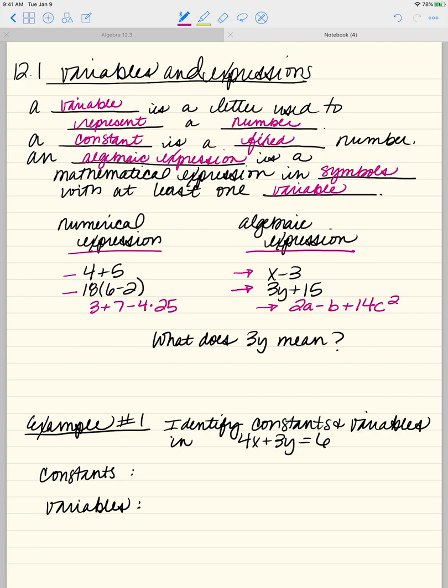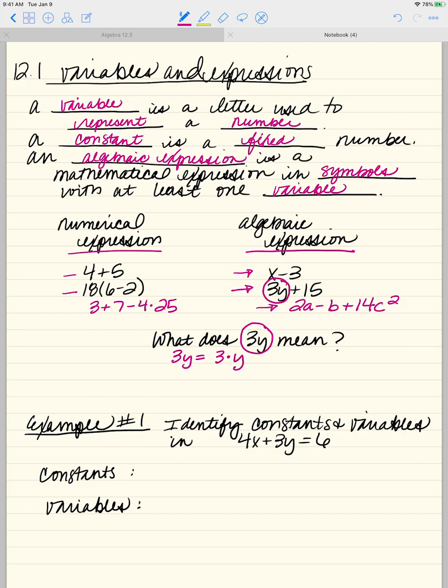All right. What does it mean when I have 3 bumped right up next to that y variable? What does that mean? When you have a numerical constant hugged up right next to a variable and there's no symbols in between, that means we multiply, okay? We multiply. So 3y is equal to 3 times y.